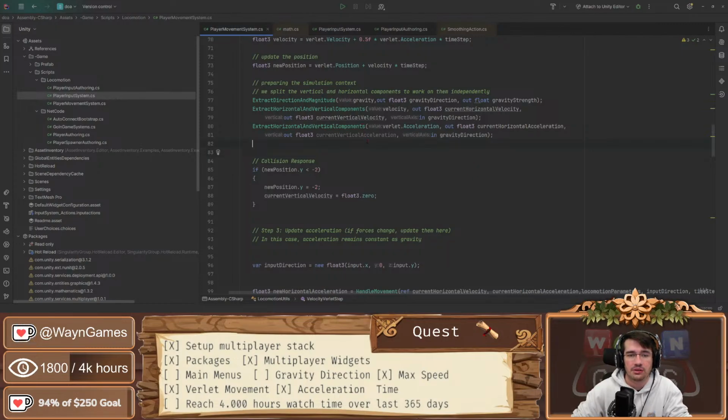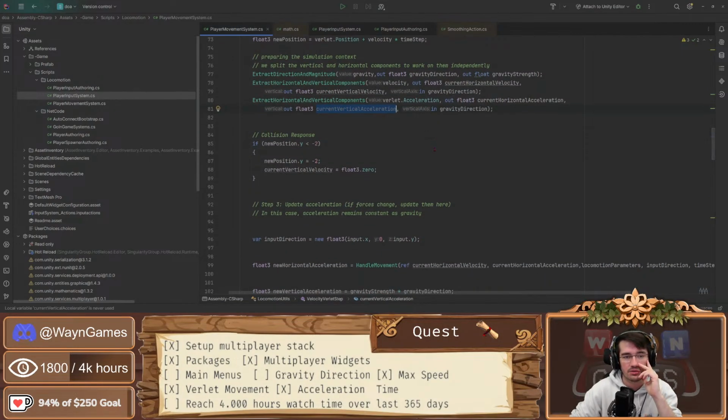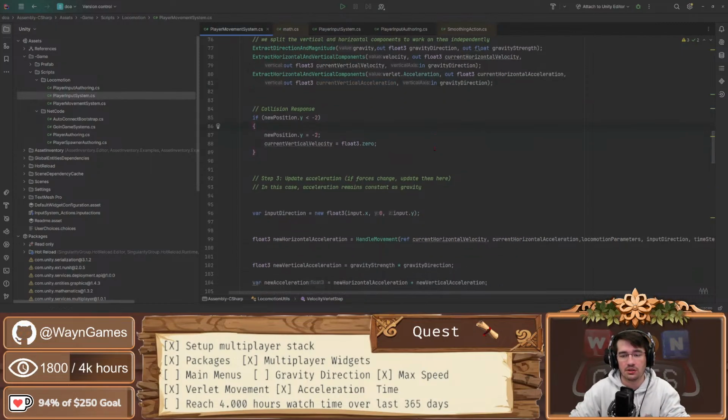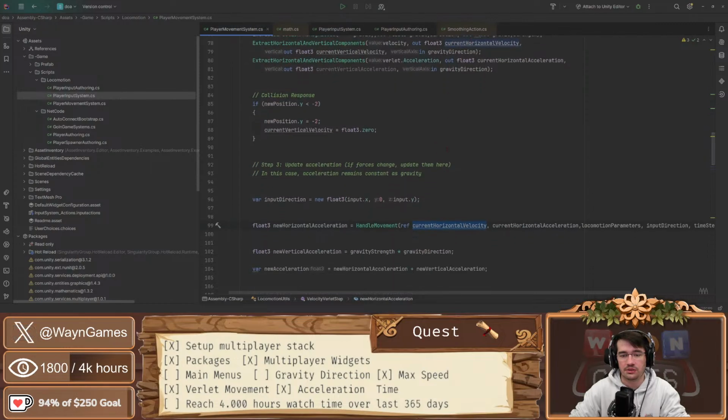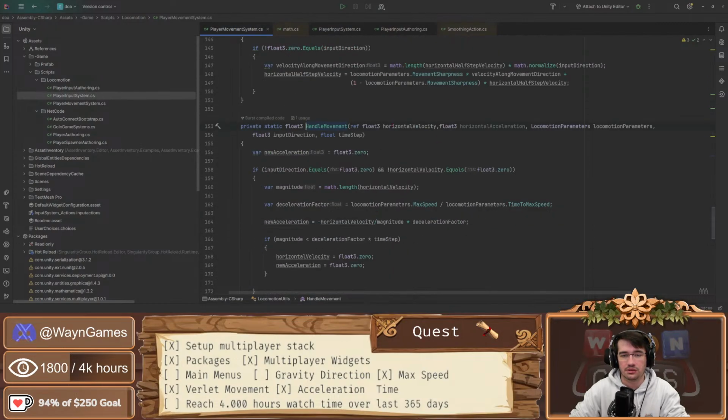So I extract everything. The only one I'm not using is the current vertical acceleration, which I don't use yet. Current horizontal velocity here is the horizontal velocity.